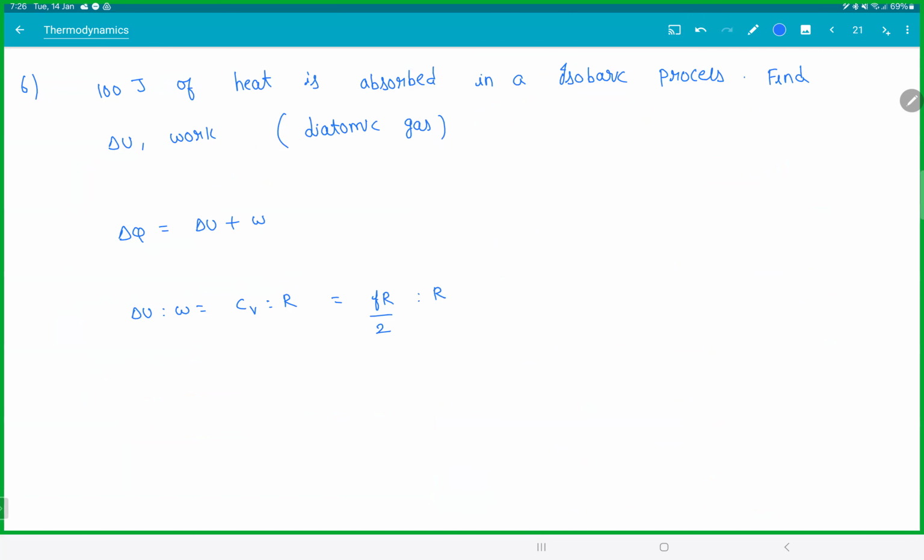For a diatomic gas, if nothing is mentioned, always check low temperature, so f is 5, and the ratio is 5 is to 2. That means whatever energy you are giving will go in the parts of 5 by 7 of delta Q, that is 500 by 7 joules, for delta U. Work done will be 2 by 7 of delta Q, 200 by 7 joules. Making sense, everyone? So whatever energy you give will split in the ratio of f is to 2. Easy?